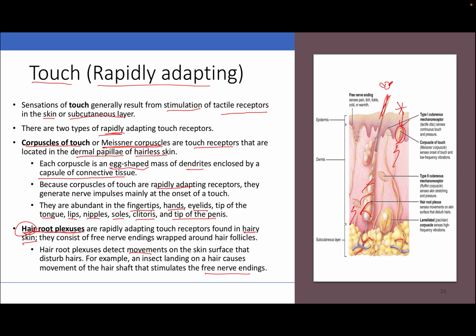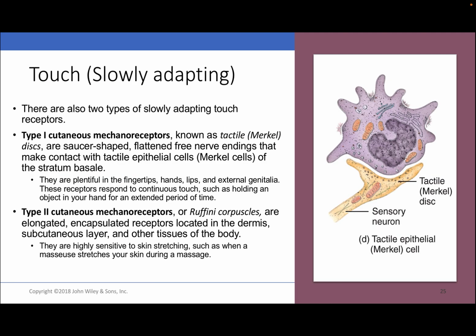adapting receptors for touch. We also have two slow adapting receptors for touch. We've got our type 1 and our type 2 cutaneous mechanoreceptors. Right? Our type 1 cutaneous mechanoreceptors are also known as tactile or Merkel discs. These are this kind of saucer-shaped situation that we've got going on here.